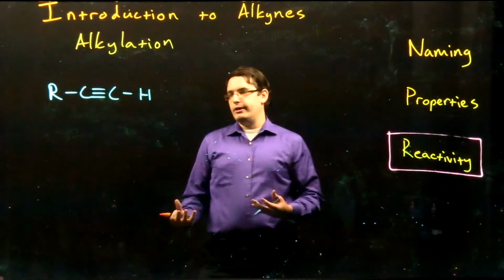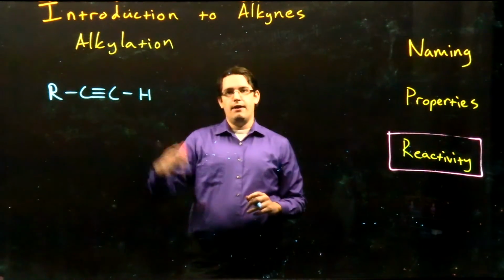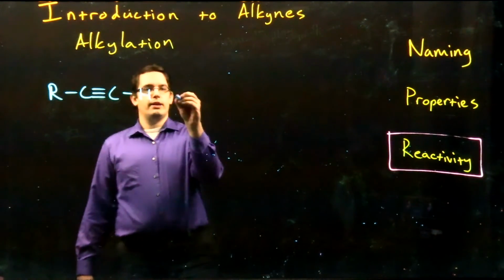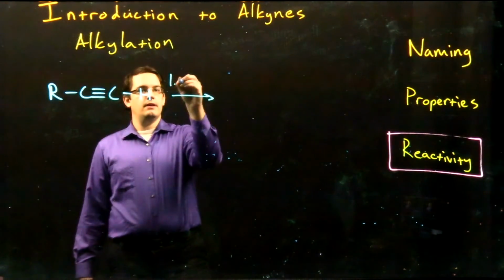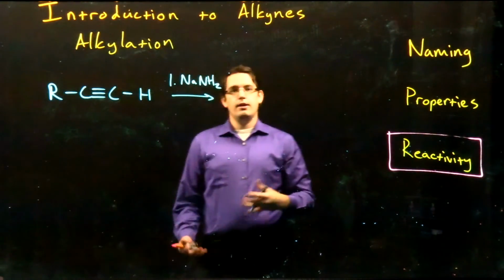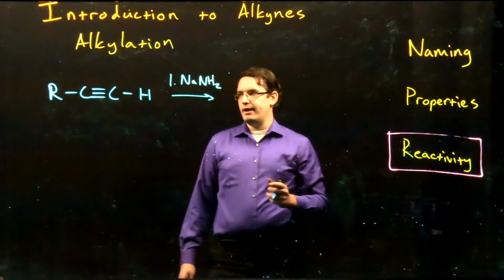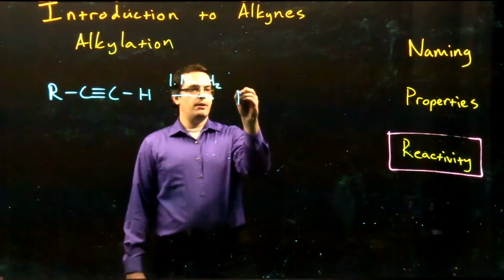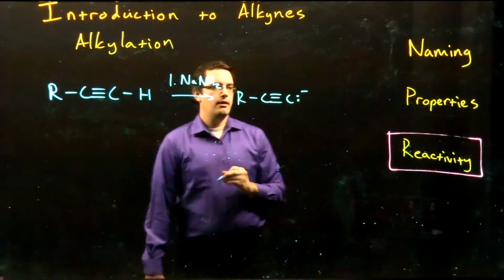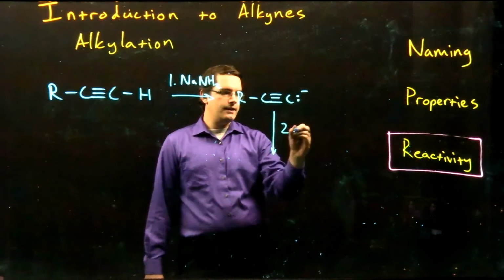So to sum up our alkylation reaction, we can take any terminal alkyne, right, because we have to have that slightly acidic carbon-hydrogen bond. We can react it with our strong base. Usually we're using our amide ion, so here I have sodium amide with my sodium counterion and my amide as my strong base. This will deprotonate it to form my carbanion, and then I can add my alkyl halide in a second step.